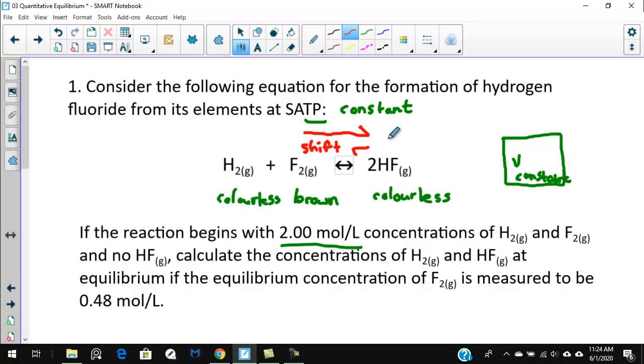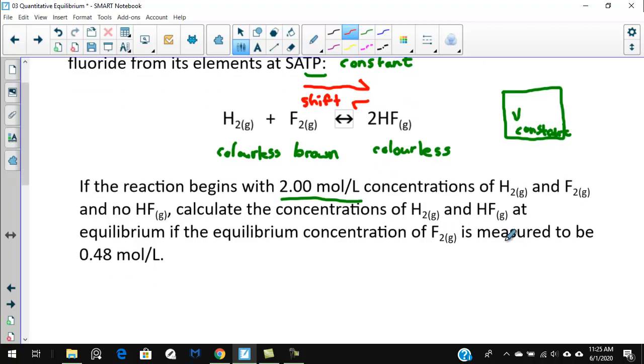So there's a net movement to make HF until those 2 reaction rates become equal, and then we don't see any changes anymore. The shift would be toward the HF. As soon as we put these 2 chemicals into the flask, it's going to shift in the forward direction and try to make some HF.